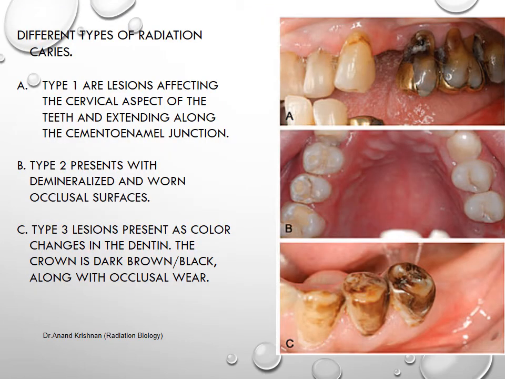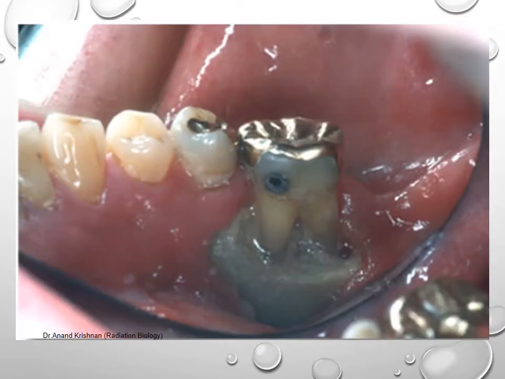There are different types of radiation caries. Type 1 are lesions that affect the cervical aspect of the tooth and extend along the cement enamel junction. Type 2 presents with demineralized and worn out occlusal surfaces. Type 3 lesions present as color changes in the dentin and the crown, resulting in dark brown or black color along with occlusal wear and tear.